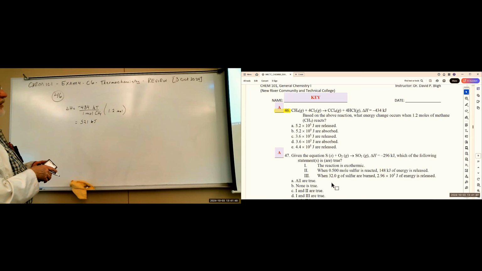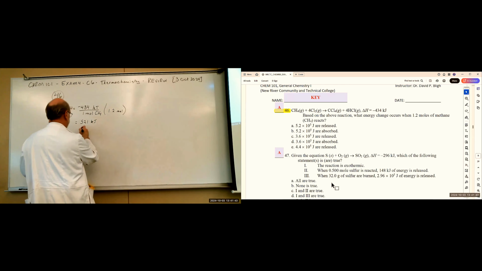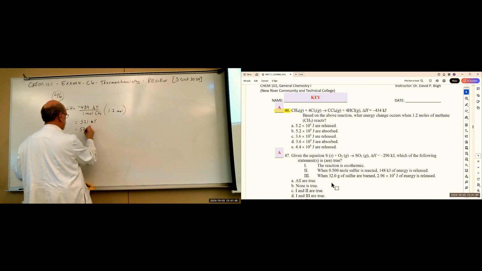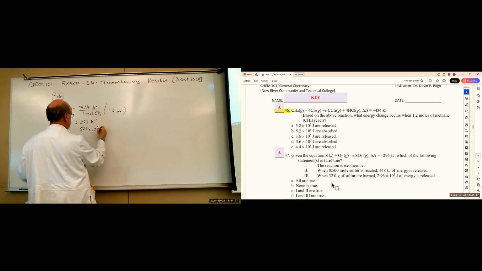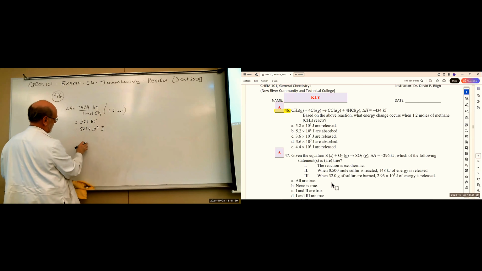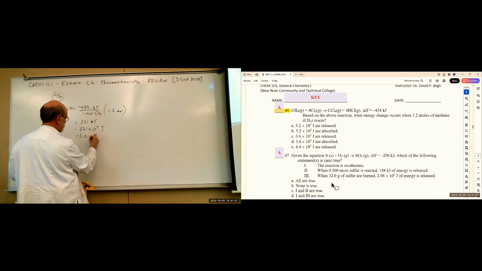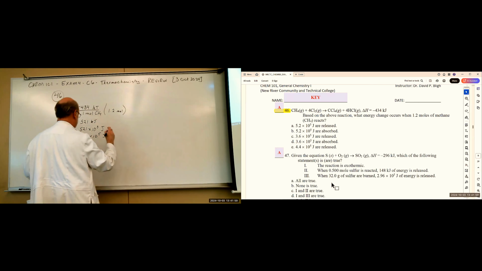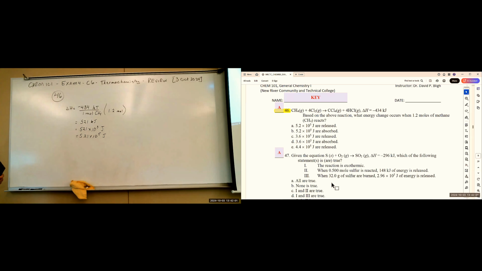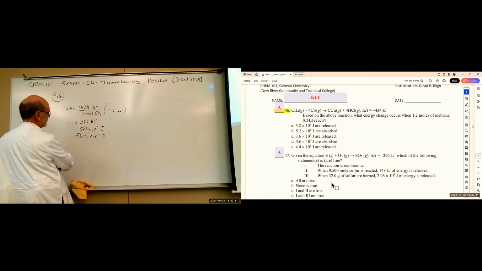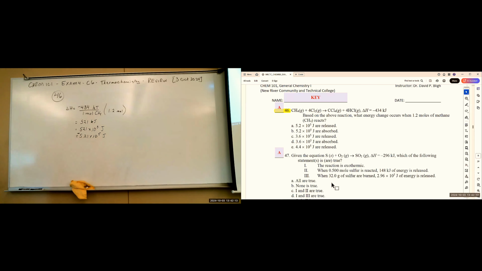Oh, it's in joules. Okay. So 521 times 10³ joules. And let's see, we move it 2 places here, we just add those 2 here. 5.21 times 10⁵ joules. That would be A. Released. That's a negative. Okay.